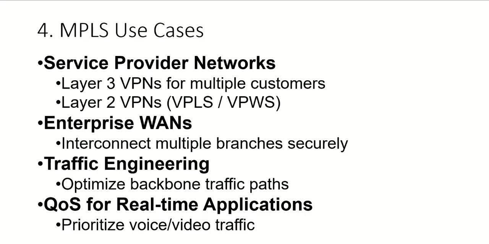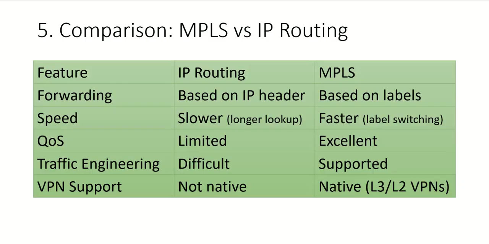QoS for real-time application. Here is the comparison between IP routing, meaning normal routing without MPLS, and with MPLS. Without MPLS, everything is based on the IP destination in the IP header.